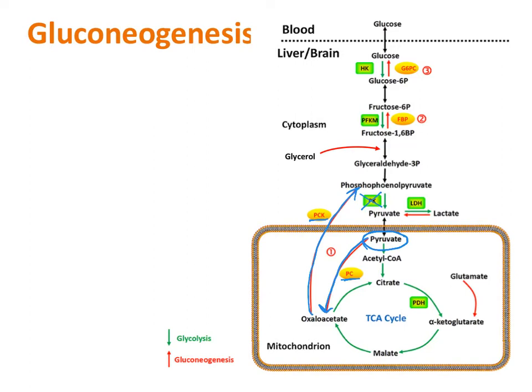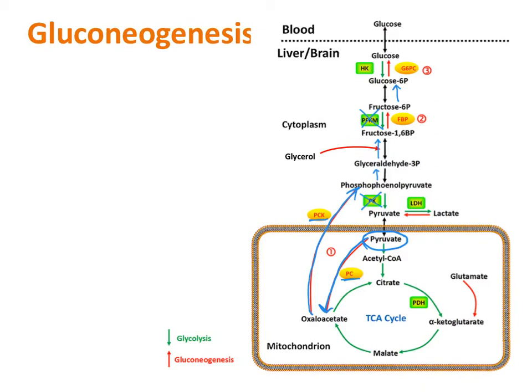Using the standard enzymes of glycolysis, we can go backwards up the pathway to fructose 1,6-bisphosphate. But in gluconeogenesis, we can't use phosphofructokinase. We have to use fructose 1,6-bisphosphatase. We can use the standard enzymes of glycolysis to get us back up to glucose 6-phosphate.